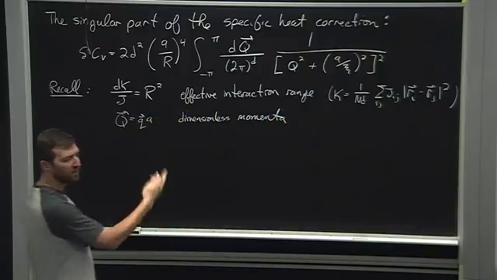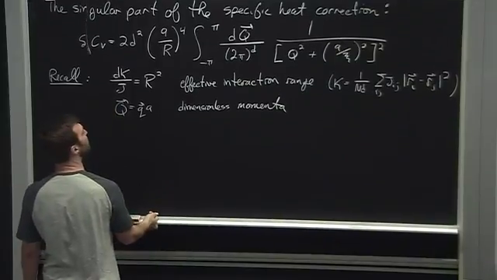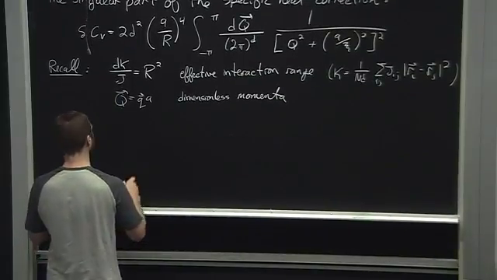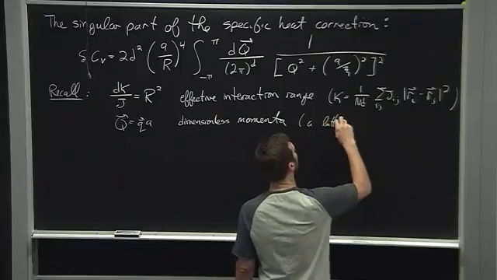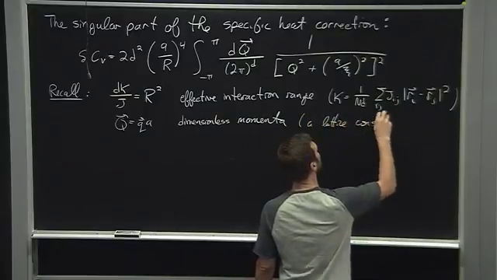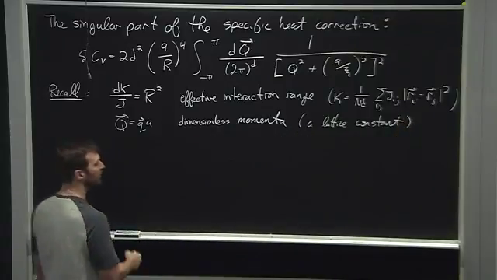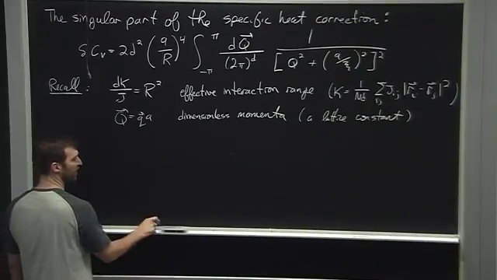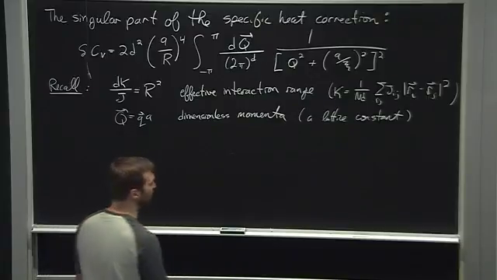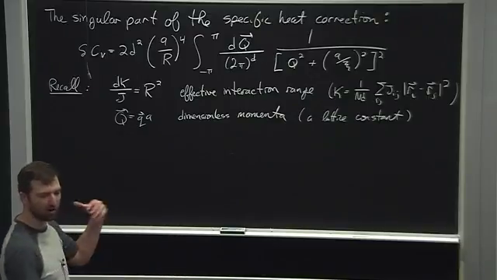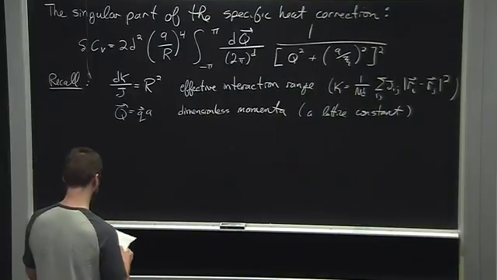So this is a momentum integral, right? So we're integrating over the Brillouin zone. A is a lattice constant. We've been dragging that thing around. When we derive a continuum theory, we're going to eventually drop that. So when we look at a general phenomenological Landau theory, we're not going to worry too much about that lattice constant.